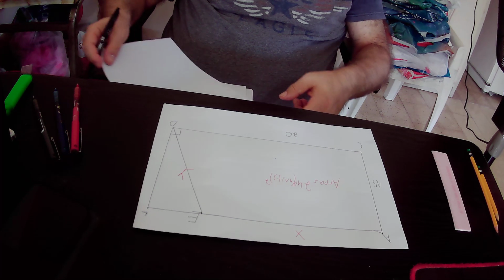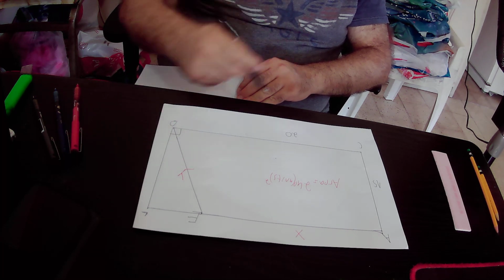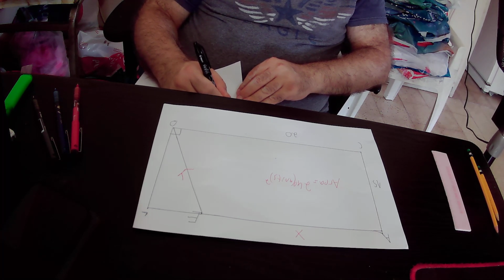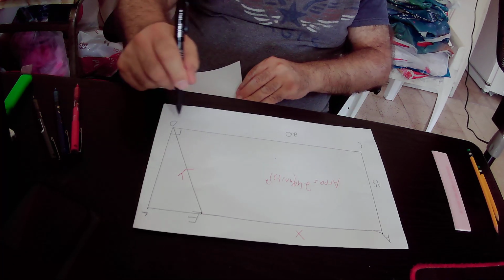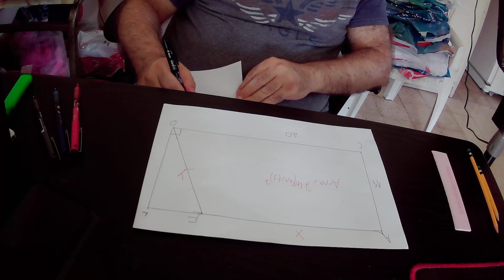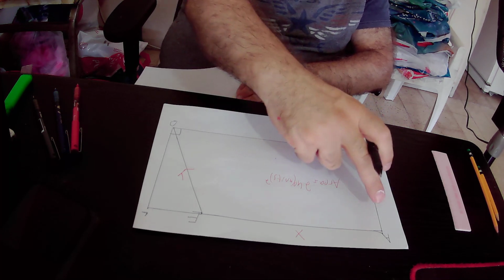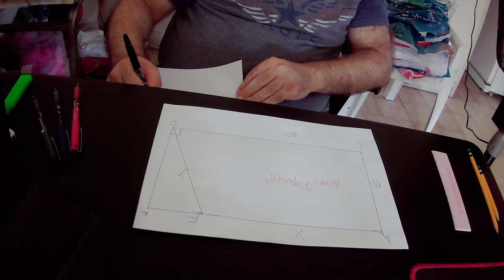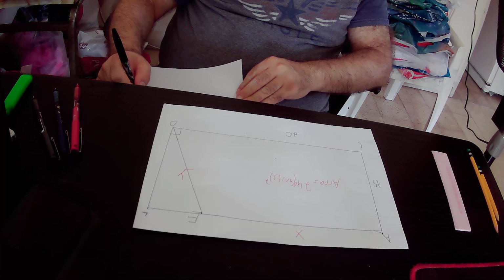So the area of rectangle ALCD equals the length, 20 units, times the width, 15 units. 20 times 15 is 300 square units.